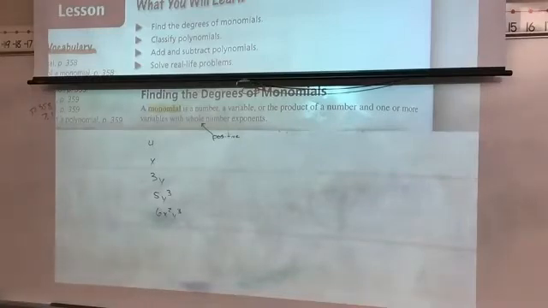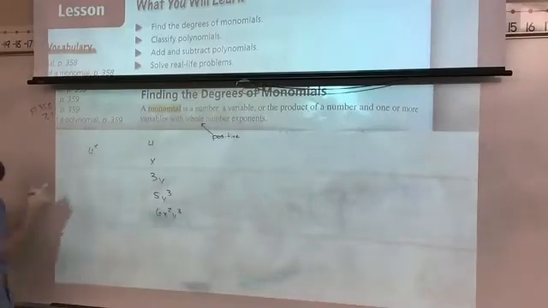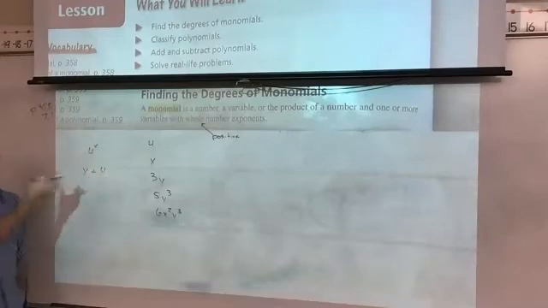Any questions right now on what a monomial is? Can you give an example of what it wouldn't be? Sure, something like that. That's not a monomial. Anytime you have addition or subtraction in there, that is not a monomial.